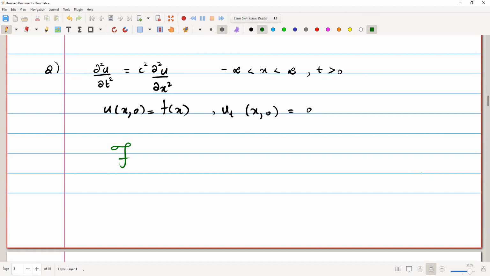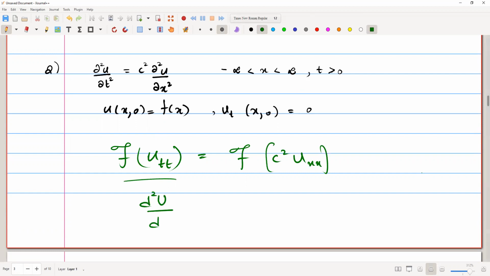Applying the Fourier transformation. So apply the Fourier transformation on both sides of the equation. Again, we already discussed the Fourier transform of this function. It will be nothing but d²u/dt² equals c² times the Fourier transform of this function, which will be (iω)² times u.